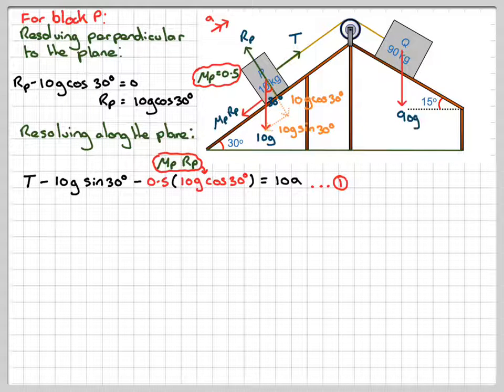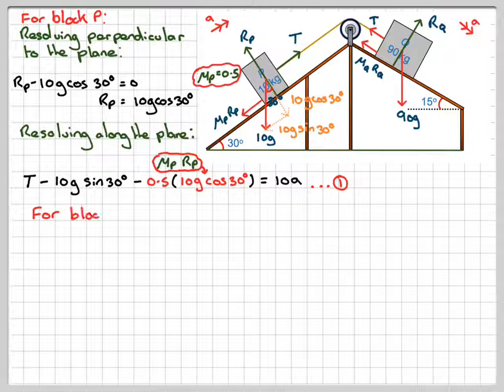Right, if we now consider the other block, which has a weight of 90g acting downwards, its normal reaction acting upwards there, R_Q, it's going to have tension in the string, which is the same as this tension here. And as it's moving this way, the friction now acts up the slope, so we'll call that mu_Q R_Q, and a acting that way.